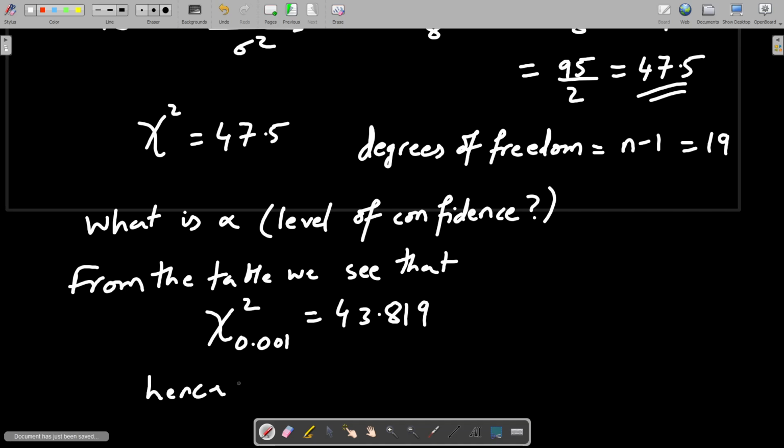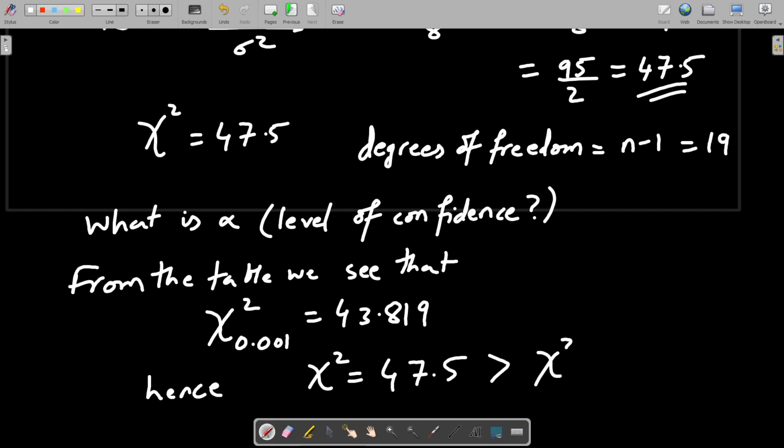Hence what we can clearly see here is this chi-square value is greater than chi-square of 0.001.